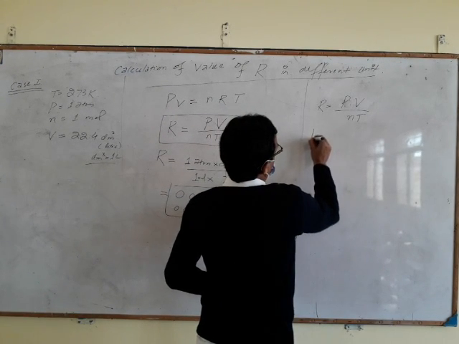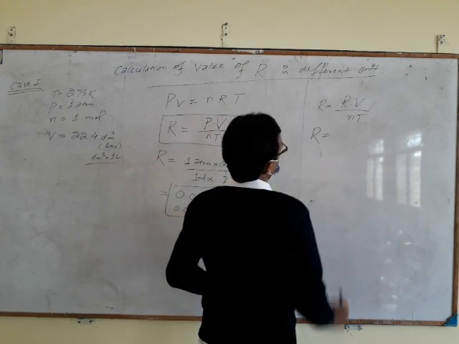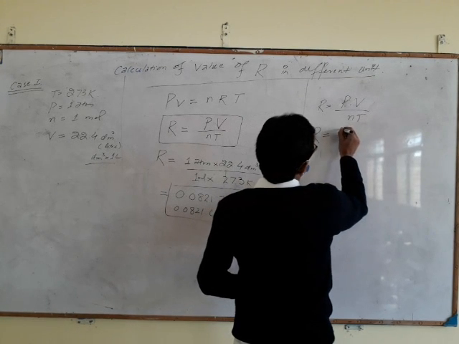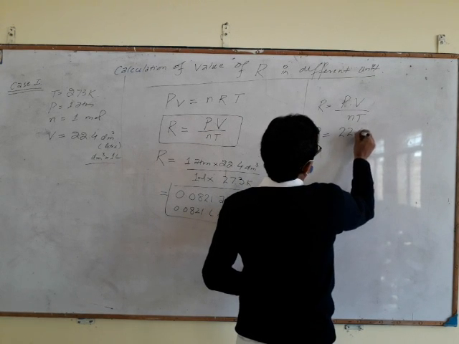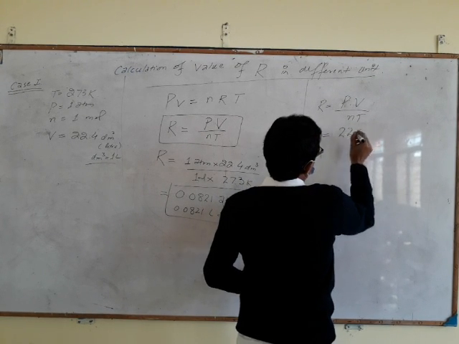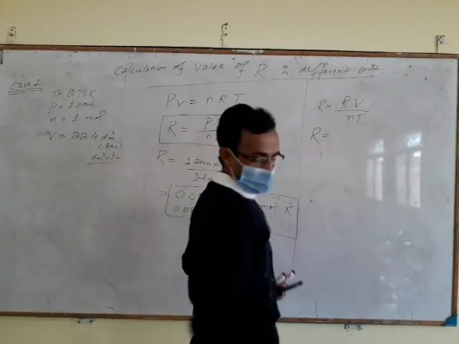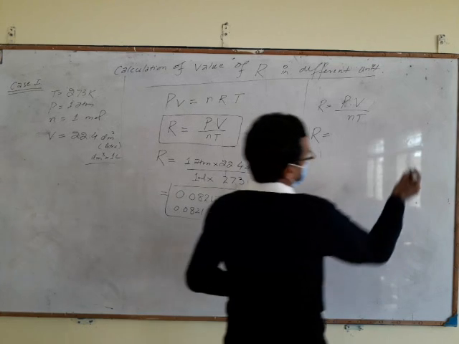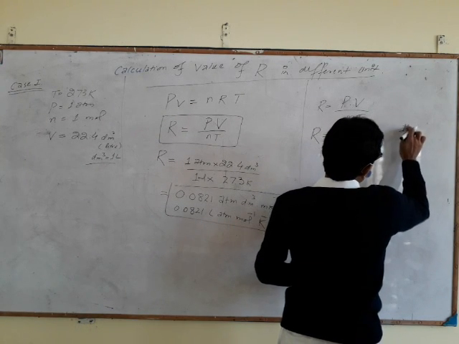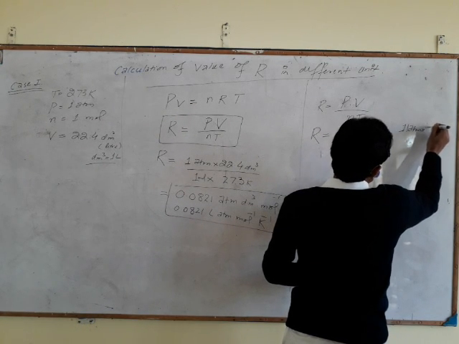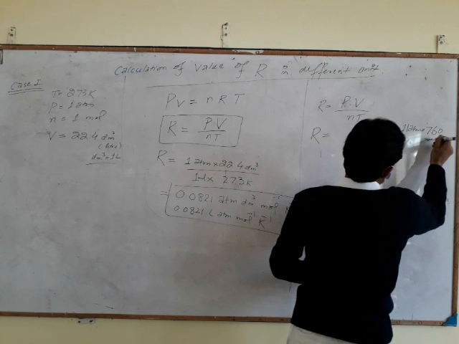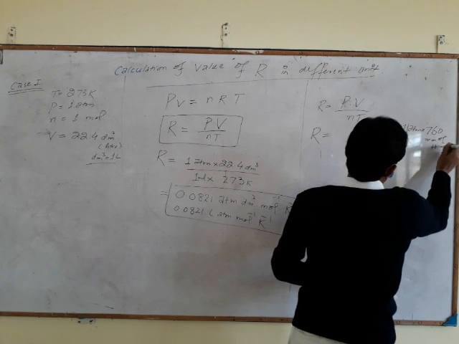First we put the value of P. We know that 1 atm atmospheric pressure is equal to 760 mm of Hg.